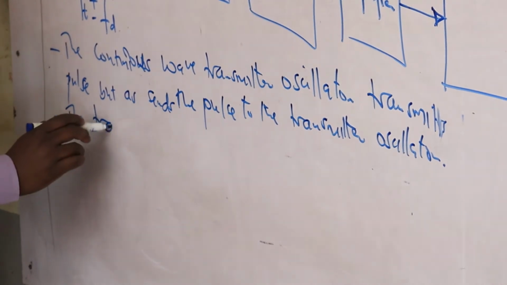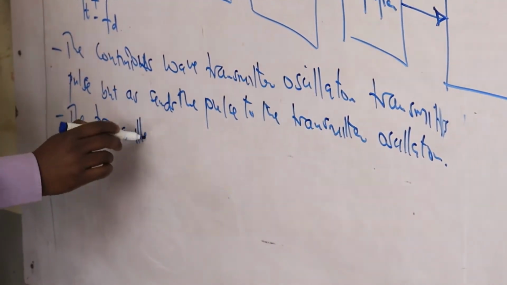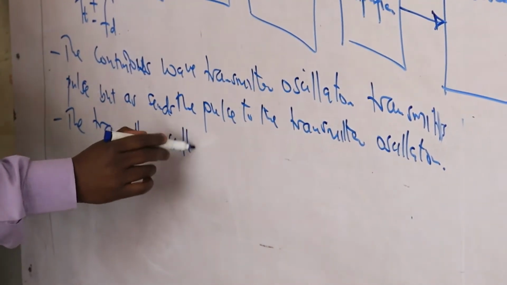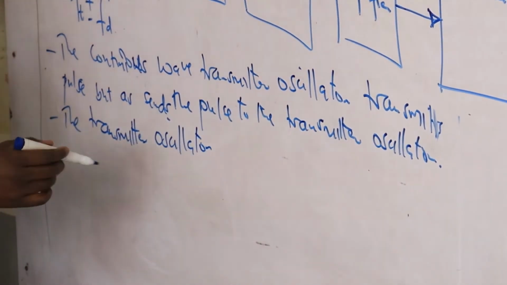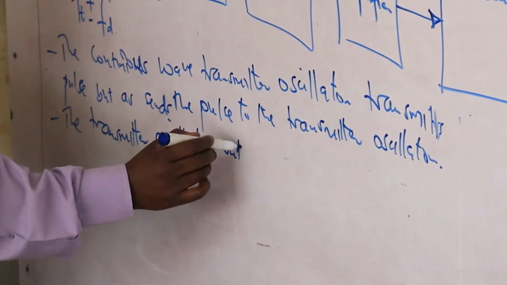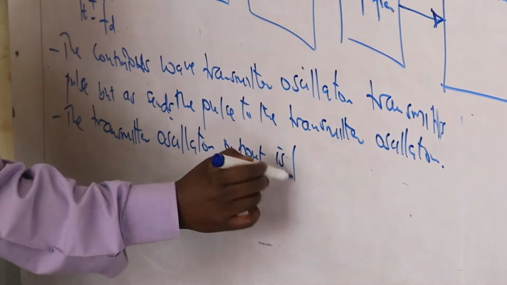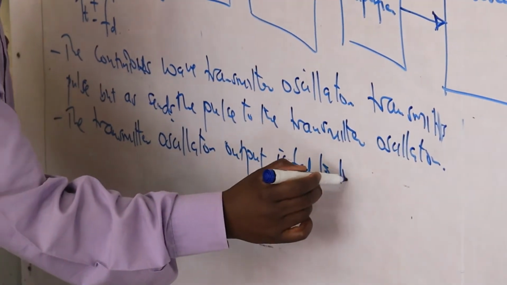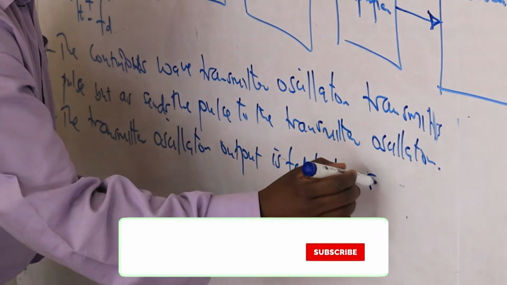So the transmitter oscillator output is fed to the receiver mixer.